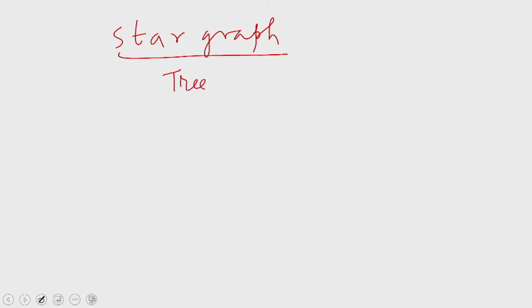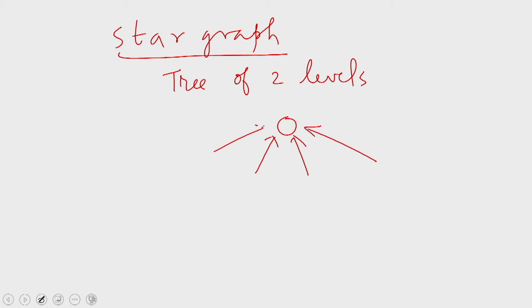What we define as a star graph is a tree of 2 levels. It has one root, and the root has several children, all of them pointing to the root itself.